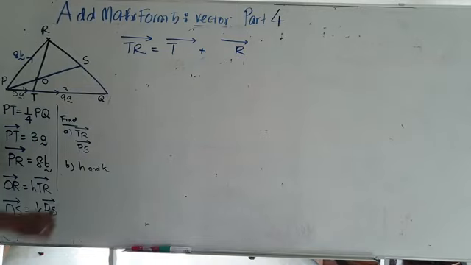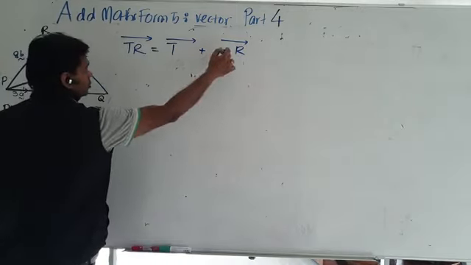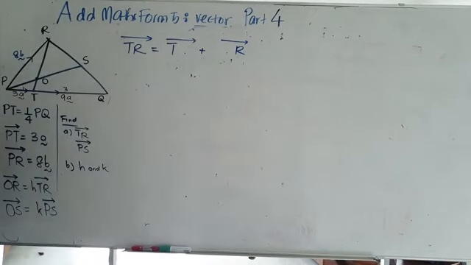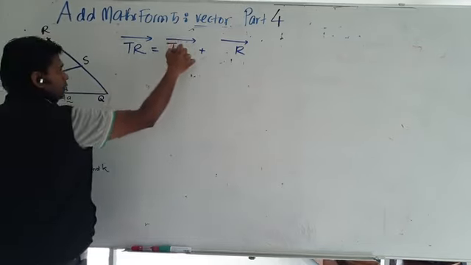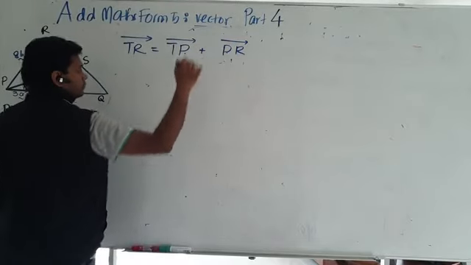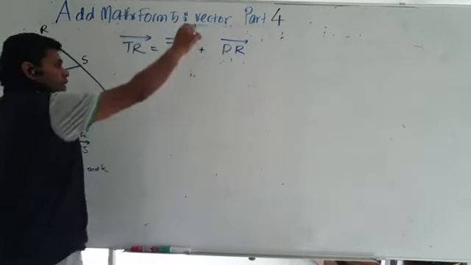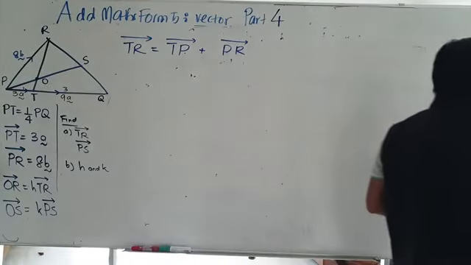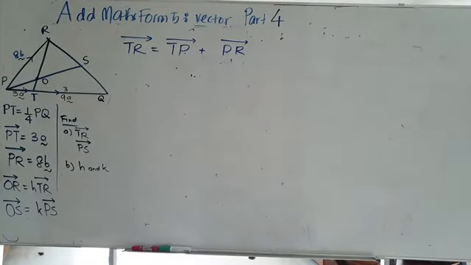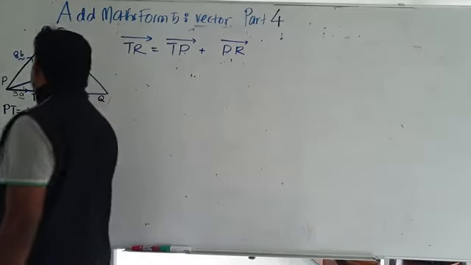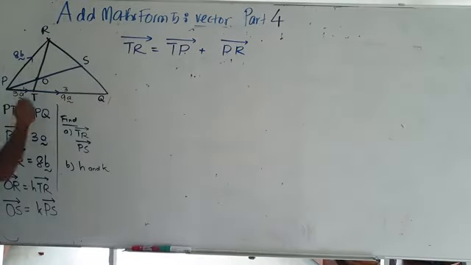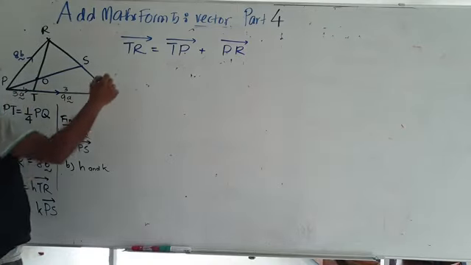These two letters must be the same, so TR should be TP and PR. I'm going to use P here, P over here. Can you see P and P cancel off? So TR will remain. What is TP? PT is 3A, so TP will be negative 3A.